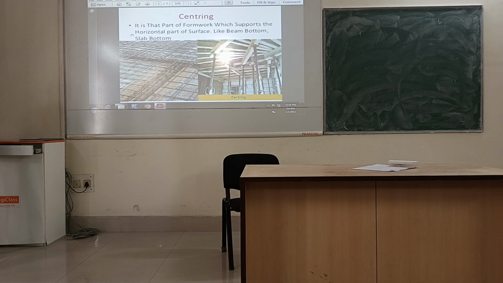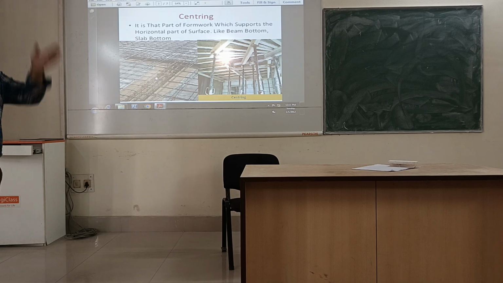Next is the centering. Centering is that part of formwork which we carry out to support the horizontal members, to prepare the horizontal bottom of beams. It supports the horizontal surface like your beam bottom or slab bottom. So to make arrangements with the formwork to prepare the slab and the bottom of the beam, this part is called your centering, and it is a subset of your formwork.